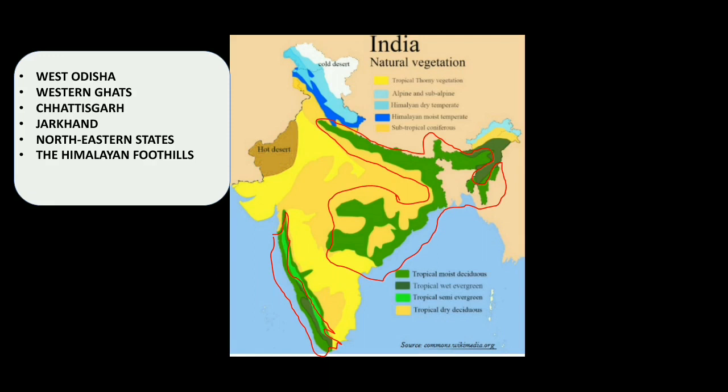All these areas are included in the moist deciduous forest. Almost reaching the foothills of the Himalayan region, we will find the moist deciduous forest. So be cautious about this because it will come in your map work as well.